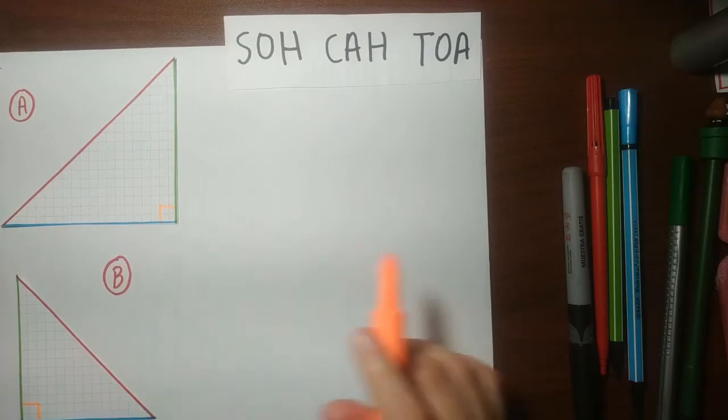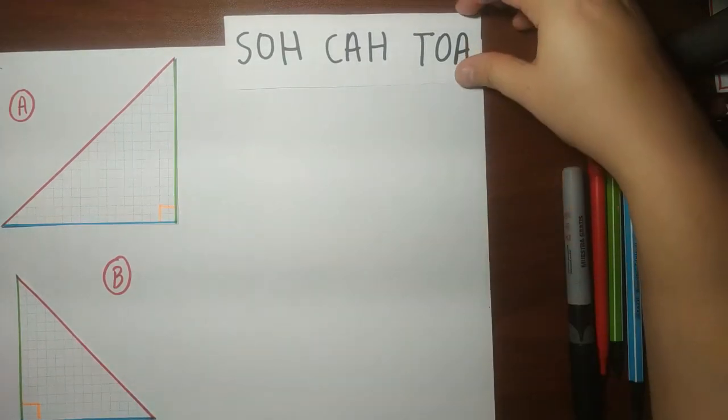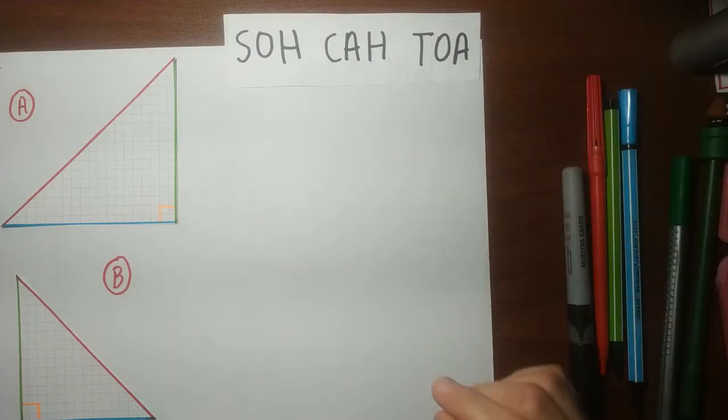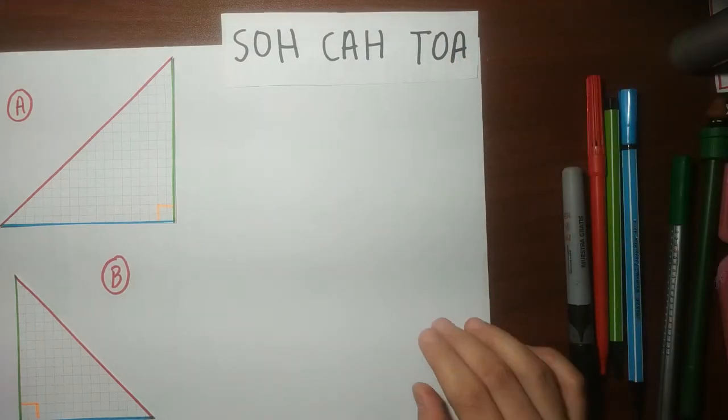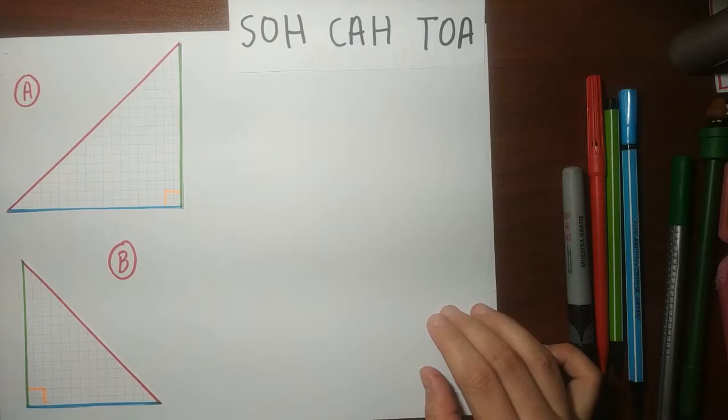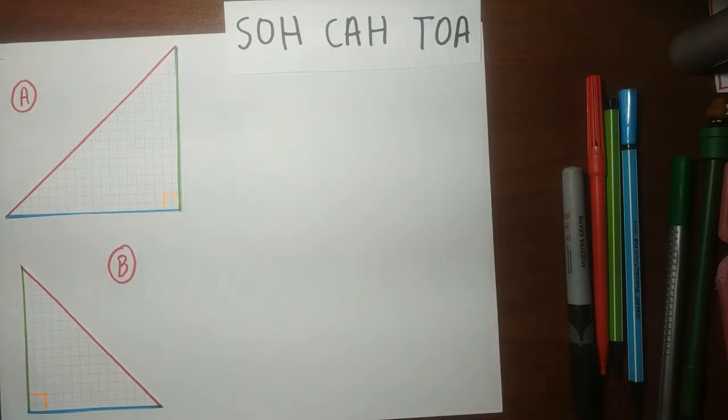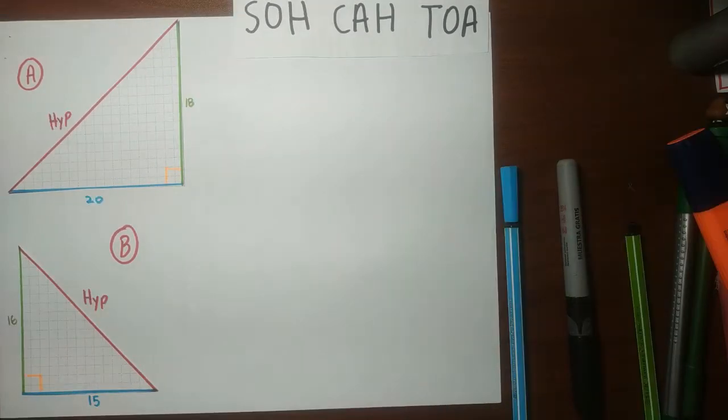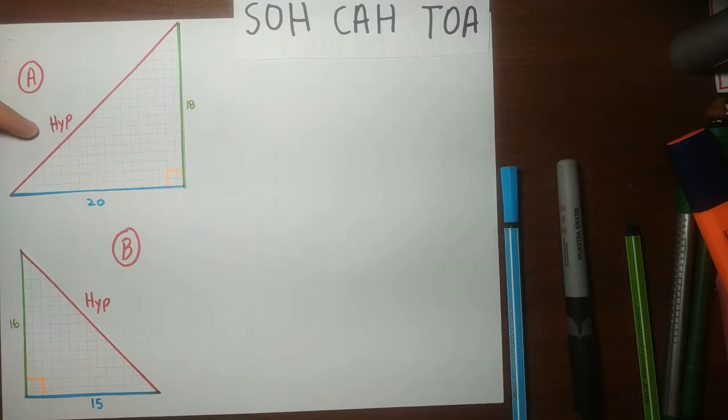Now take a look. I'll be using this method in order to get the three basic trigonometric functions for both triangles. Okay, so here are my givens. In this right triangle, I don't know my hypotenuse.